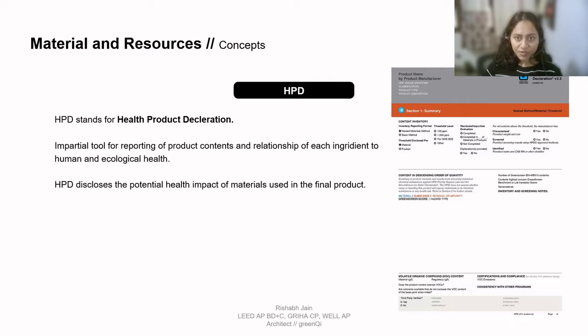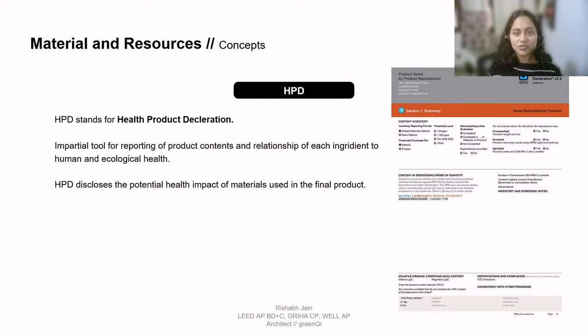Similarly, we have HPD. This one stands for Health Product Declaration. This is a tool that reports the product contents and the relationship of each of the ingredients in the product to human and ecological health. So this one is more relevant not to the environmental health, but to the occupant or the human health.